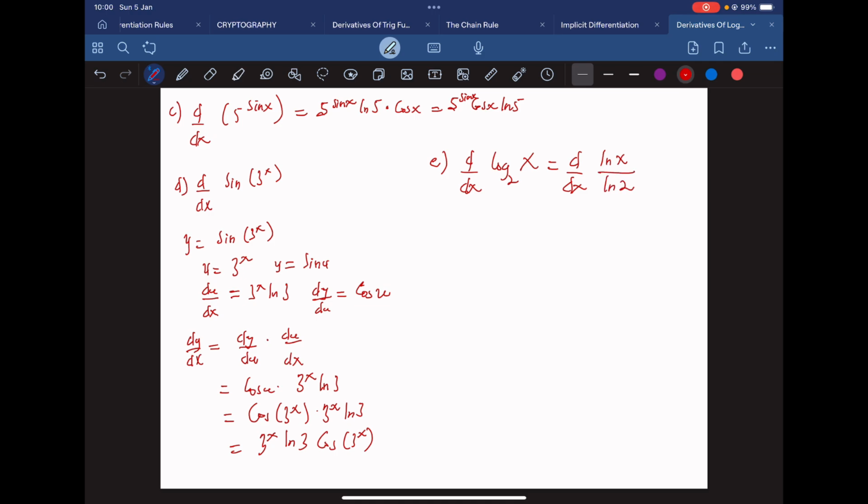So in this case, we can just bring ln of 2 outside, then we differentiate ln of x. If we do it that way, ln of x is just 1 over x if we differentiate. So if we multiply the 2, we have x ln of 2. I hope this is clear enough.